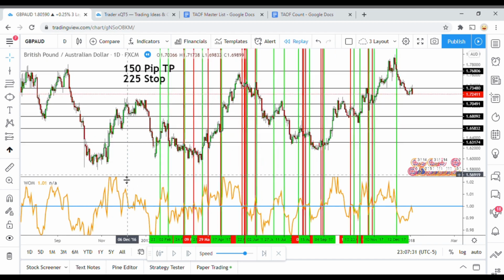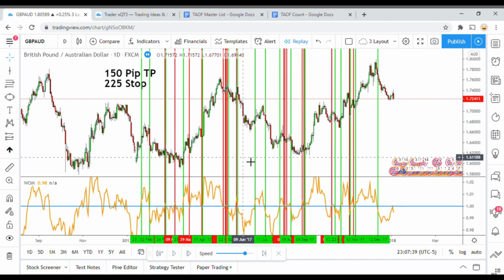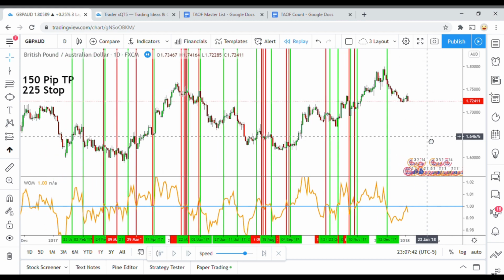Alright, so that's what we got. Let's go ahead and get rid of the support and resistance lines here. Clean things up a little bit. Give us a count off. 1, 2, 3, up through 34.